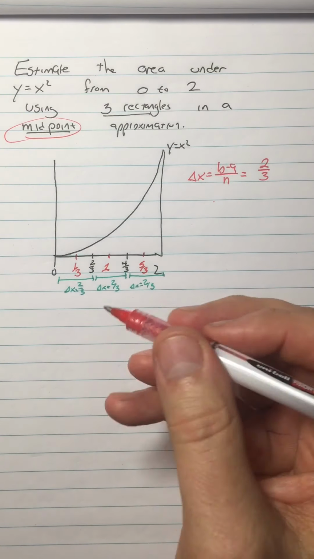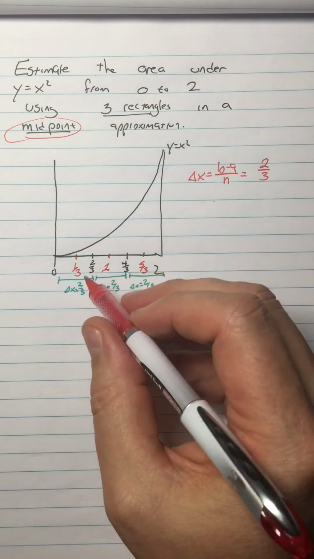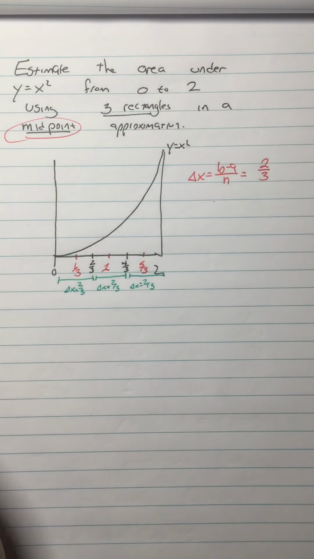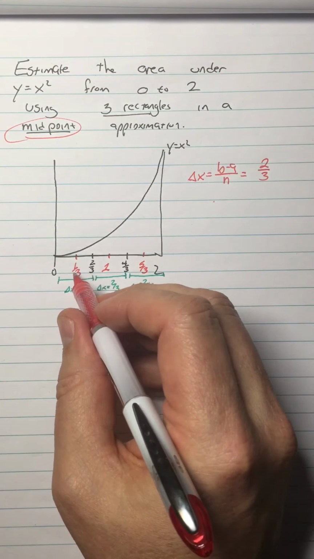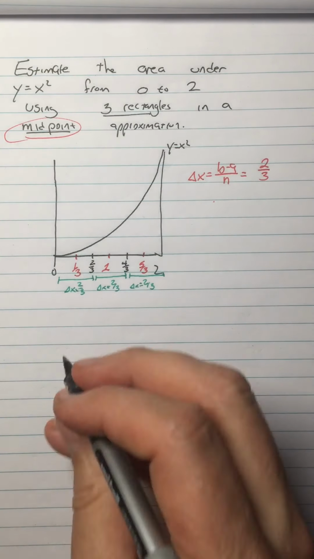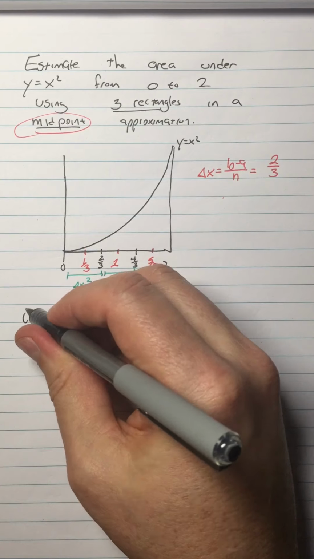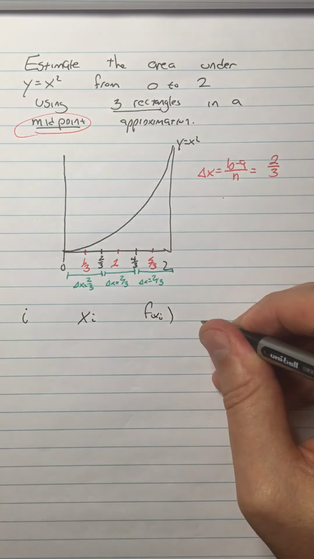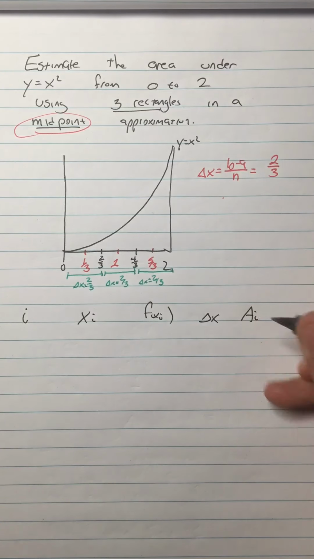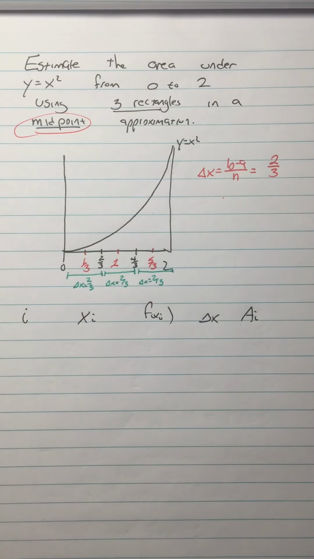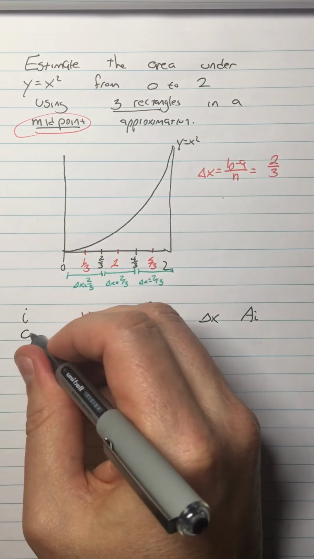Now it's a little bit arbitrary whether you call the first one x sub 0 or x sub 1. In the way I've been laying it out, I've been calling this one x sub 0. So x0, x1, x2. Then you can lay out your standard chart: i, x sub i, f of x sub i, delta x, a sub i. The i I'm going to call 0, 1, and 2.